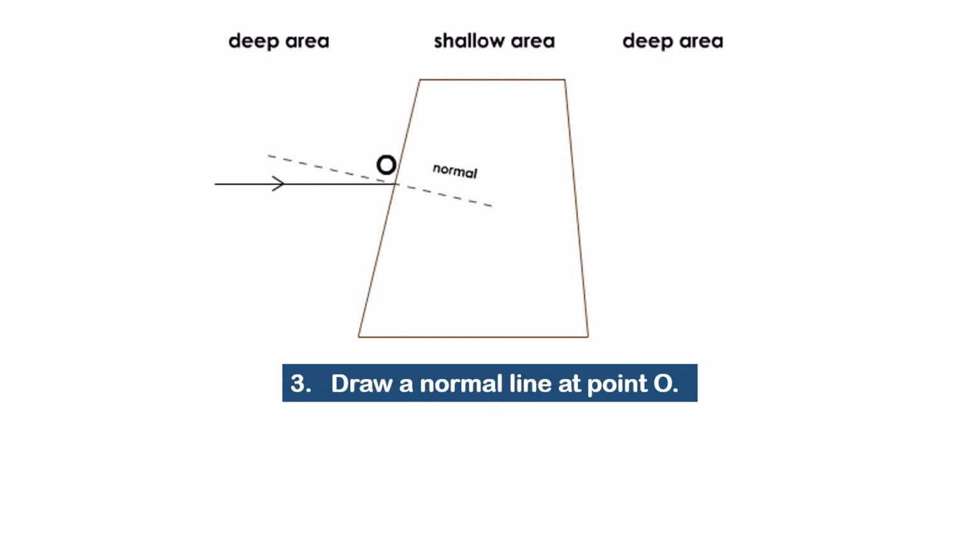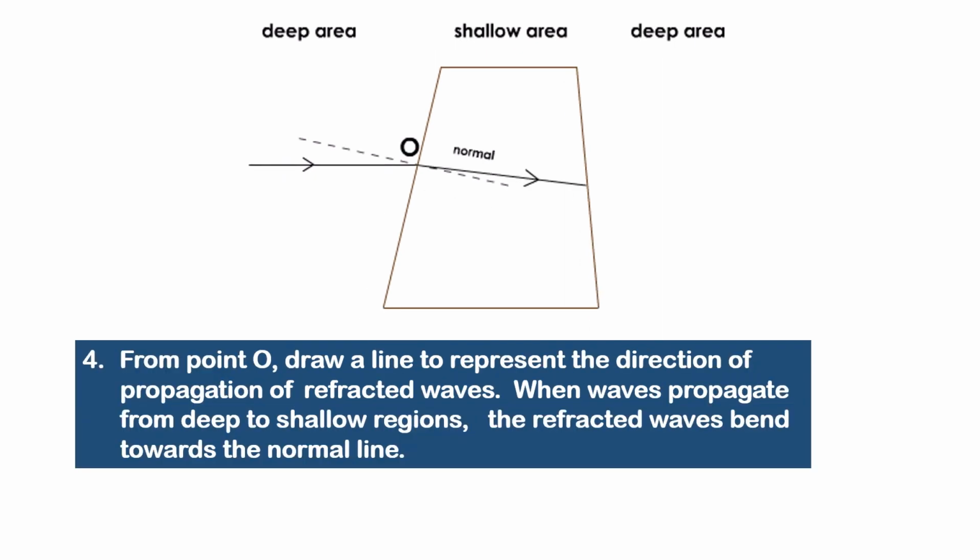Okay, now what happens is we draw a normal line. Remember, the normal line is always perpendicular to the boundary. So here is the normal line. Okay, next from O, draw a line to represent the direction of propagation of the refracted wave.